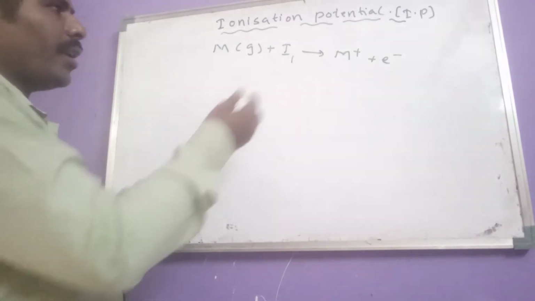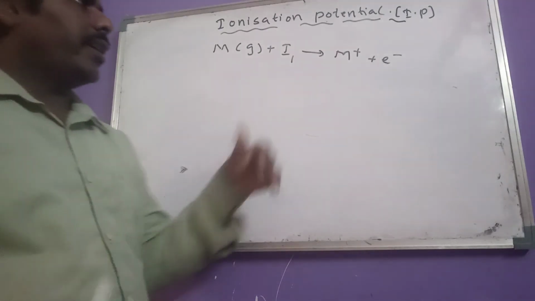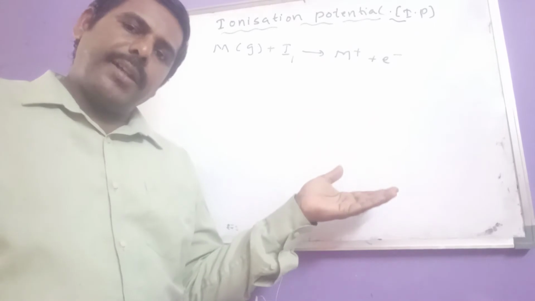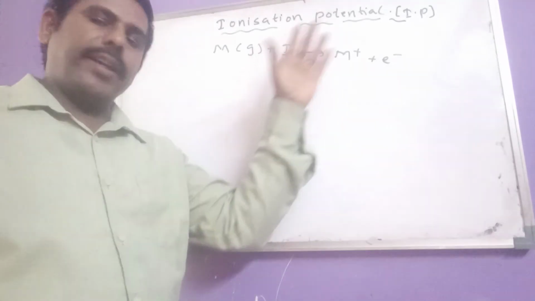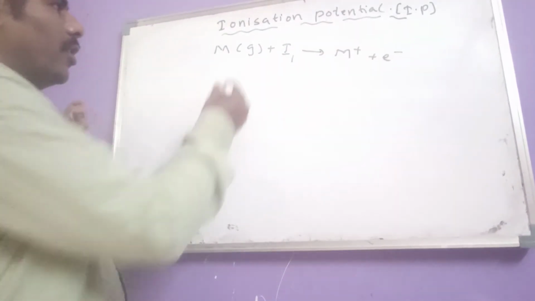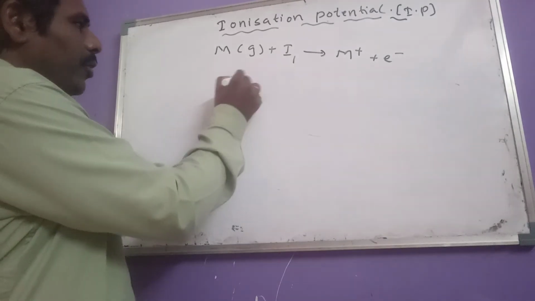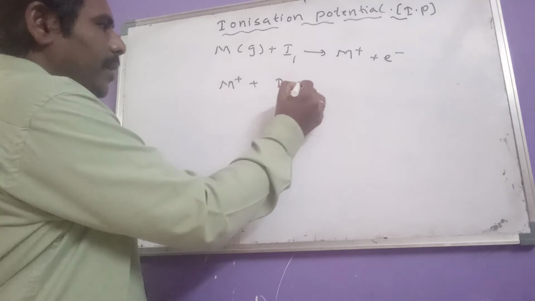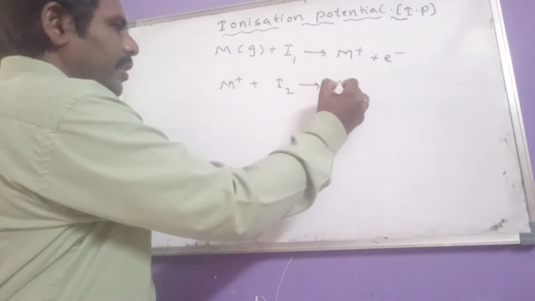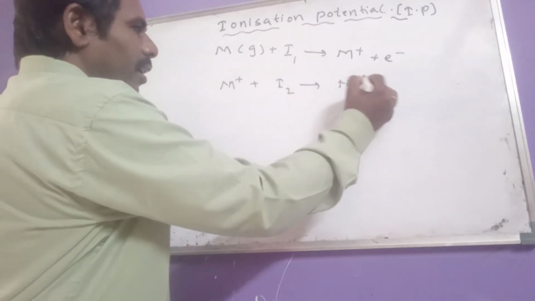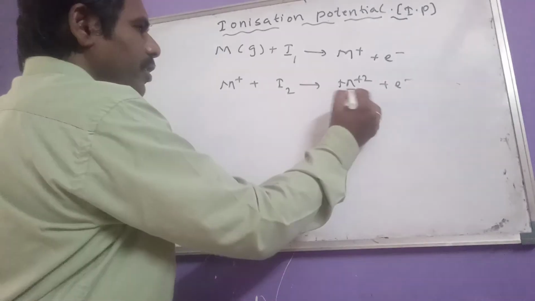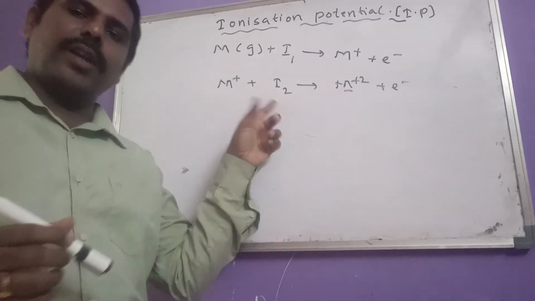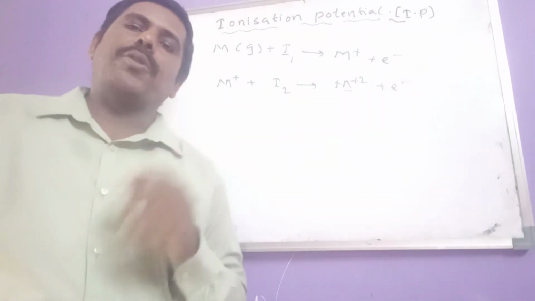And then if we want to remove another electron, by supplying some more extra energy, we can remove another electron also. From the unipositive cation, if you provide an extra amount of energy, we get a dipositive cation, and this is known as second ionization potential.